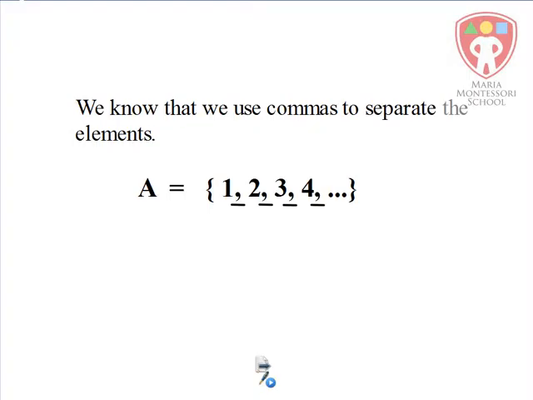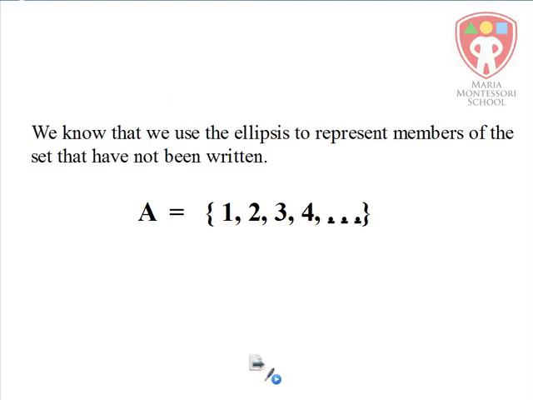We use commas to separate the elements in a set. We use the ellipsis to represent members of the set that have not been written.